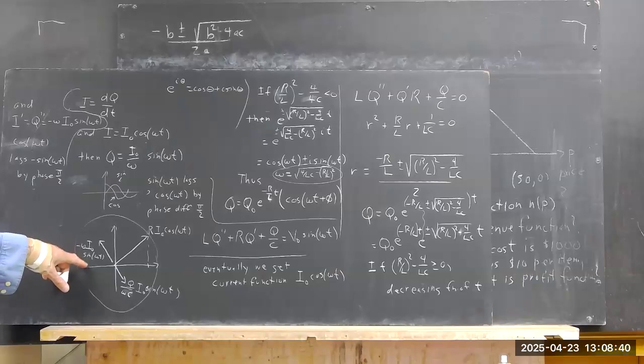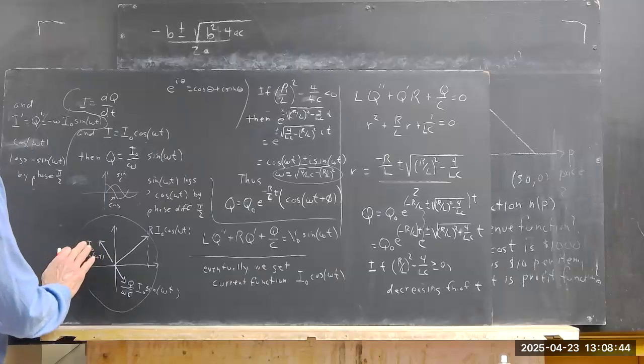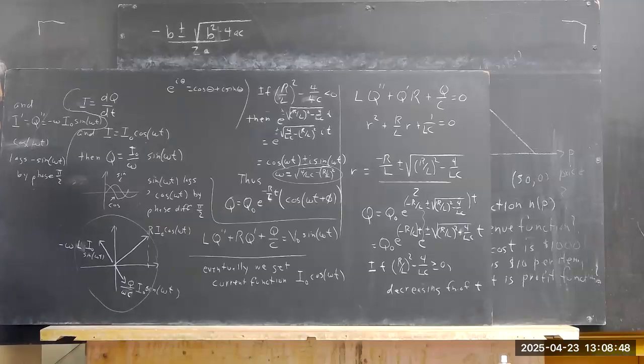The voltage across the inductor is omega times L. Well, the voltage across the inductor, multiply the current by L.